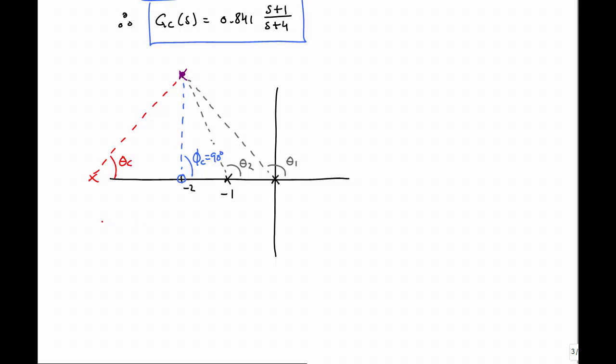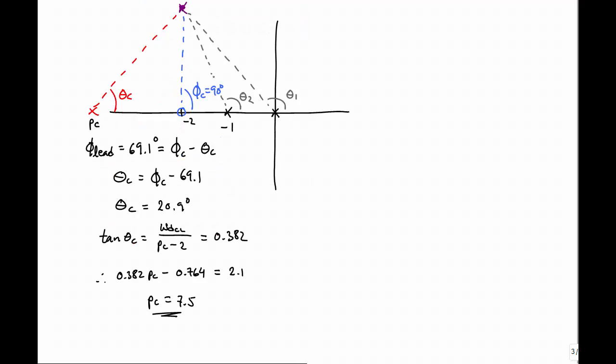So we have that theta c is going to have to equal plus or minus 180 degrees, and then we will subtract phi c and we'll add theta 1 and theta 2. Let me pause the video and plug in the numbers here.